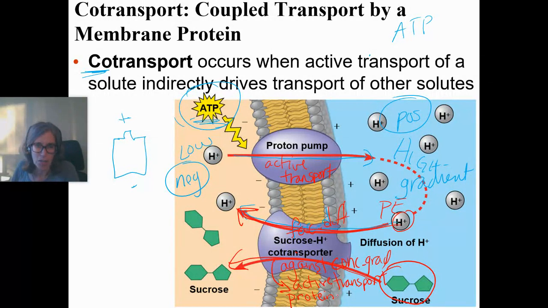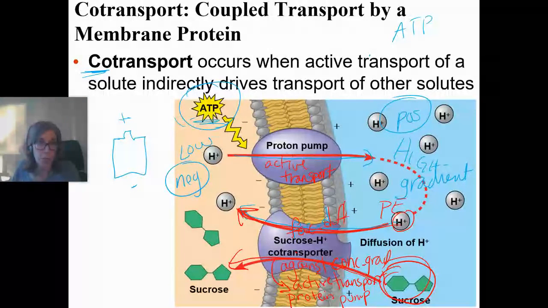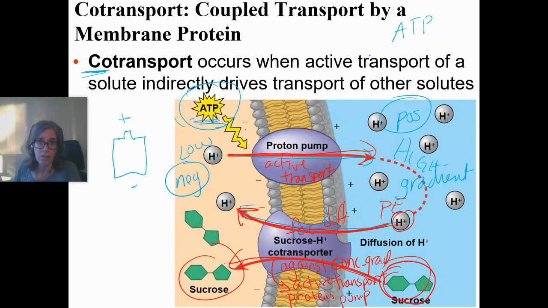So it's physically made out of a protein, and it's pumping sugar across the membrane. So CoTransport occurs when active transport of a solute indirectly drives transport of other solutes. So you're actively transporting hydrogen this way, and then as it comes back, you're actively transporting sucrose that way.